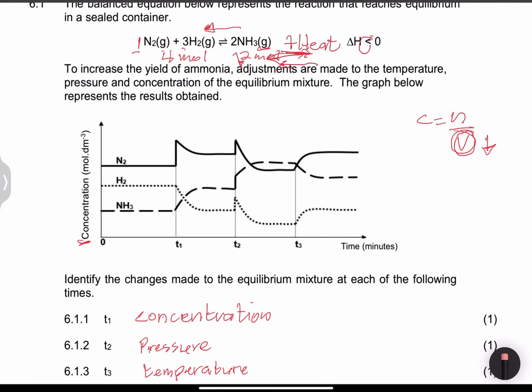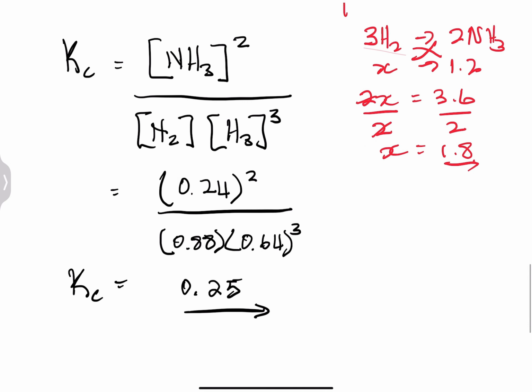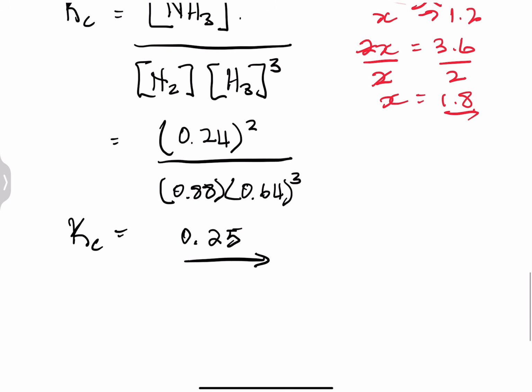I hope that makes sense. So once we decrease NH3, look at this: remember, the Kc expression had NH3 at the top. Once you decrease the amount of NH3, of course, your Kc value would also decrease.